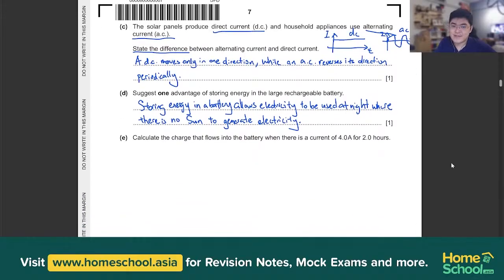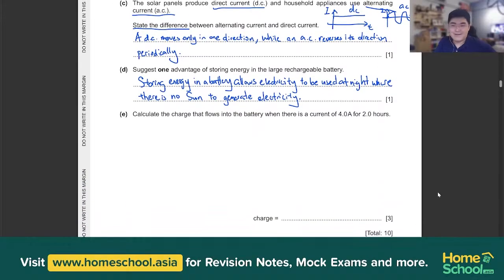Okay, right. Now, another quantitative question. Let's calculate the charge that flows into the battery when there's a current of 4 amperes for 2 hours. So we are now to calculate the charge, and the current is 4 amperes and it flows for 2 hours.